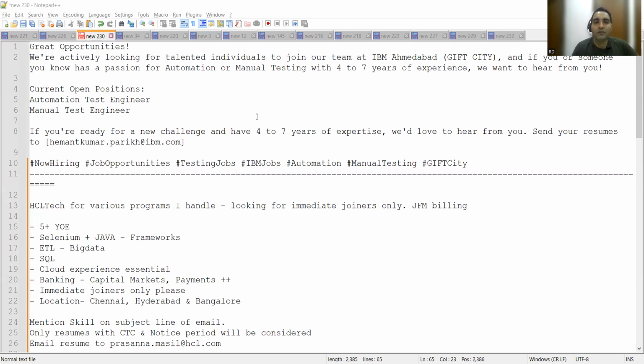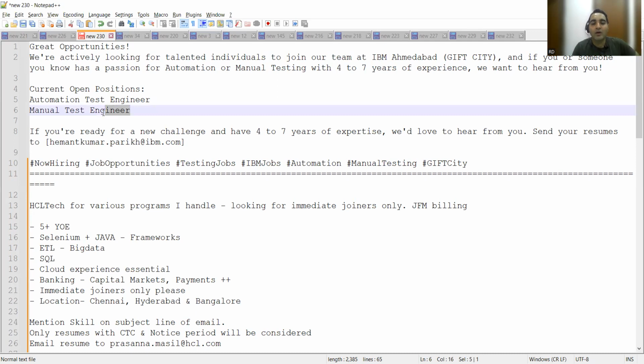The first company is IBM Ahmedabad. They are going to hire automation or manual testing people with 4 to 7 years of experience. This is a job opportunity from IBM Ahmedabad, and you can also say Gift City, Gandhinagar. The current openings are for an automation test engineer and a manual test engineer.